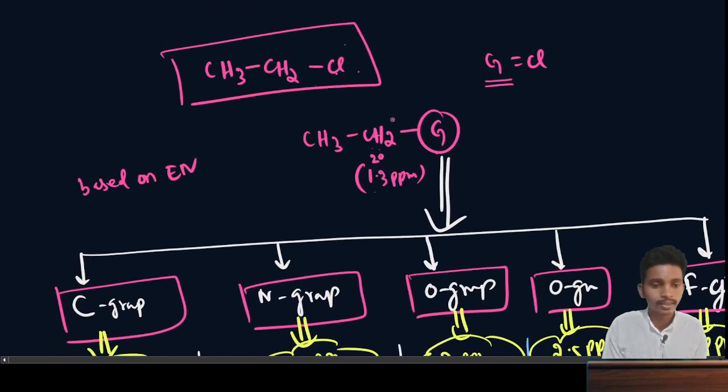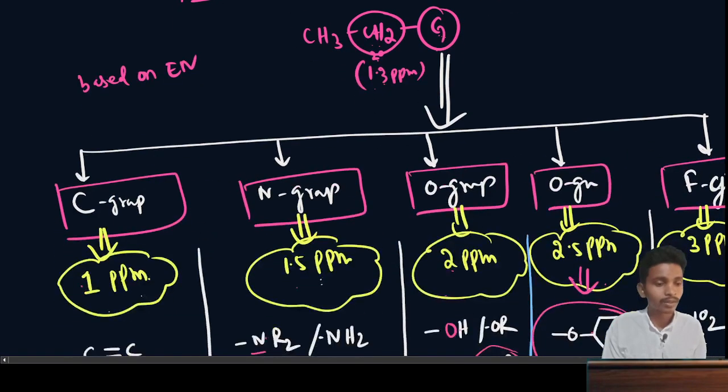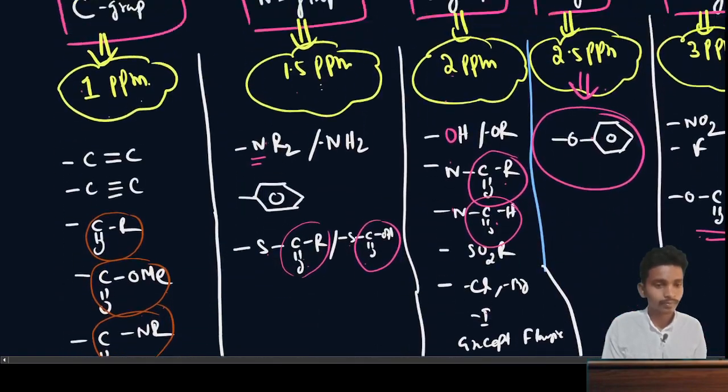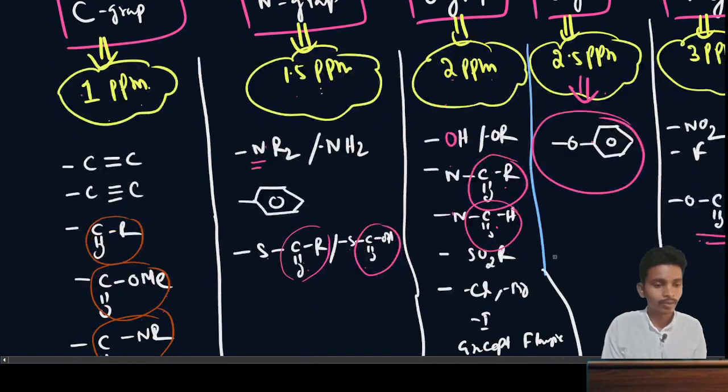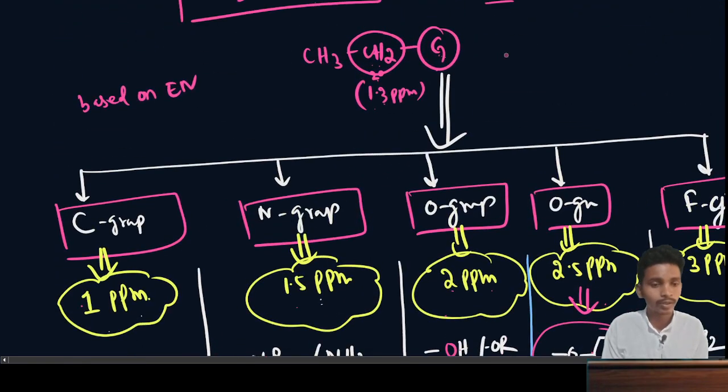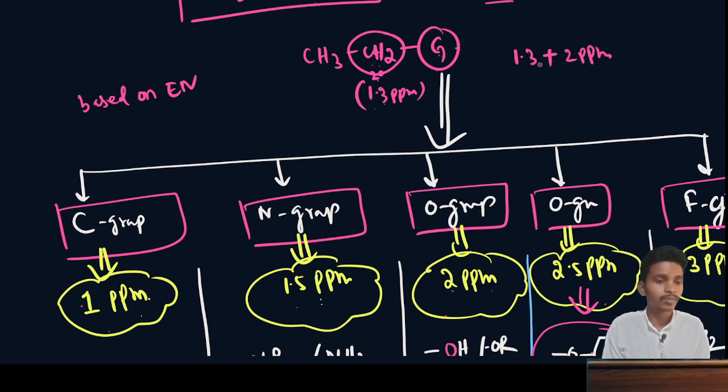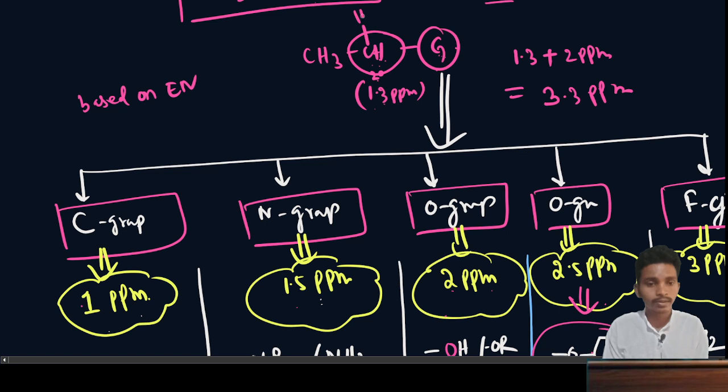It means that this CH2 is 1.3 ppm, this is 2 degree, and for G it has the value of 2 ppm. It's the value of 2 ppm because this halogen falls here, so this value will be 1.3 plus this 2 ppm, so total will become 3.3 ppm. So these hydrogen atoms will lie at about 3.2 ppm.